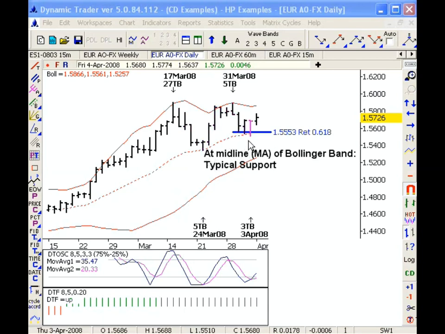Where they hit the midline is frequently an area of a corrective low, followed by a continuation of the trend up. And as of the last bar in the chart, this little low is right again at the median line, which is the midline moving average line for these Bollinger Bands. So there's a couple other indications that say we want to be looking for a long trade, besides just a simple 62% retracement in price and time.